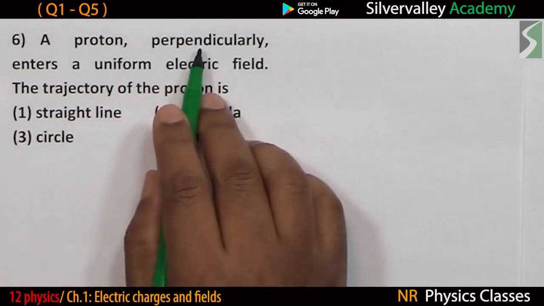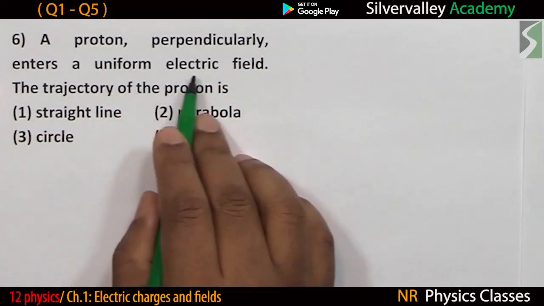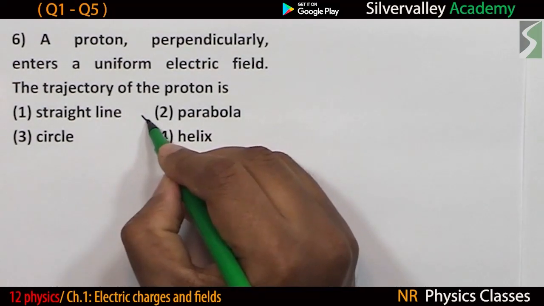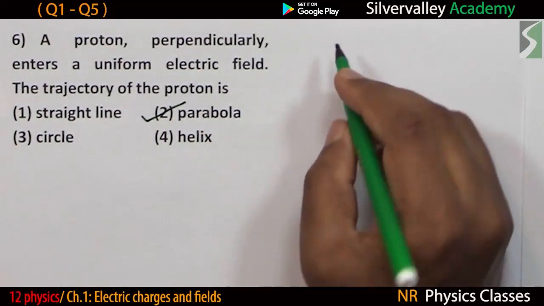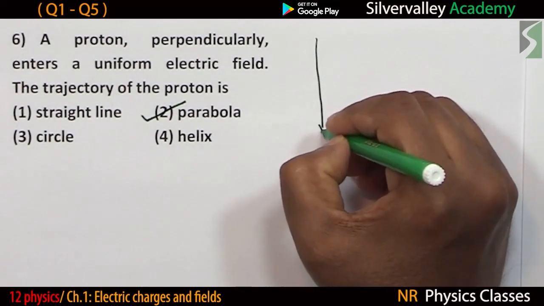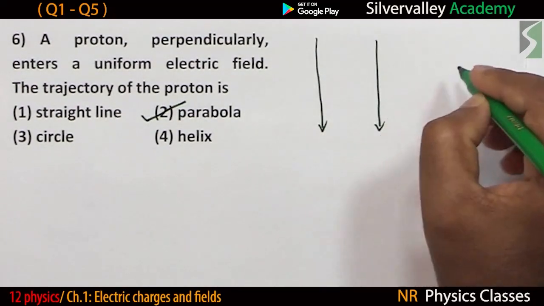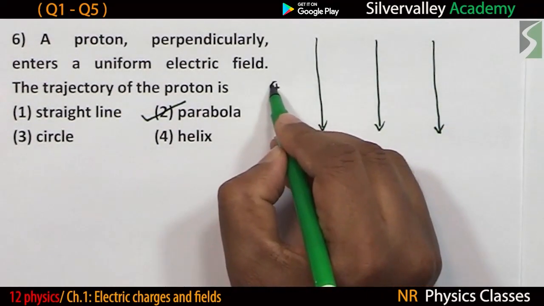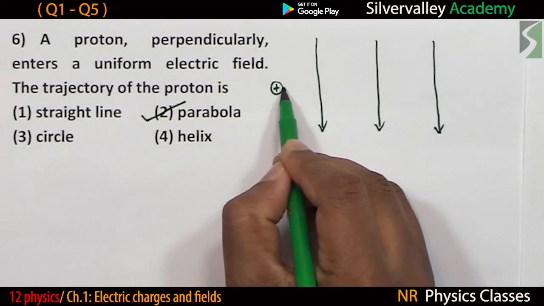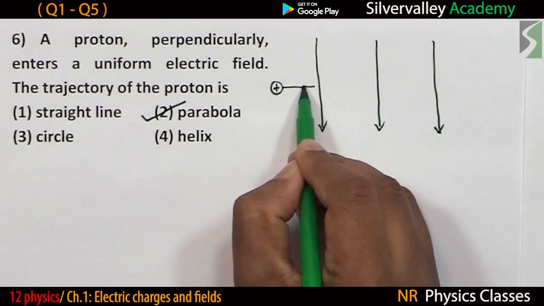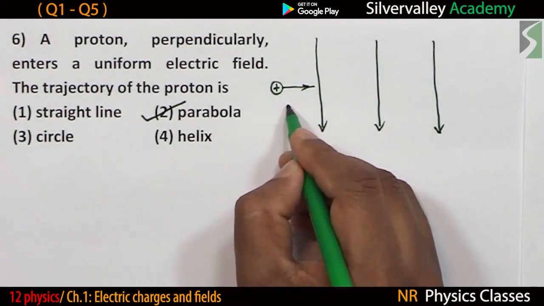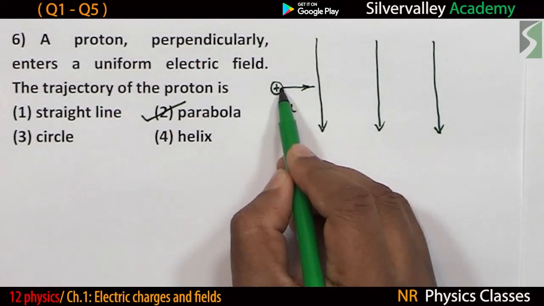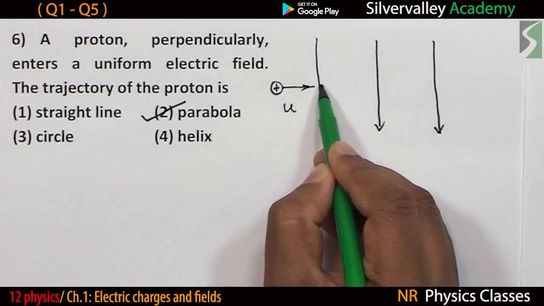A proton perpendicularly enters a uniform electric field. The trajectory of the proton is parabola. Okay. Observe. If this is the electric field and a proton which is positively charged enters this electric field perpendicularly with velocity say u, then this proton experiences force in this electric field.